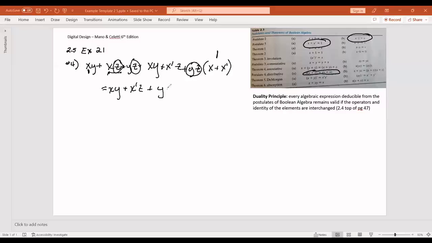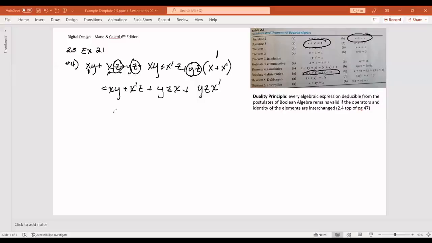So we have YZ times the first term, which is X, plus YZ times X prime. So once you have done that, then you can move things around a little better.